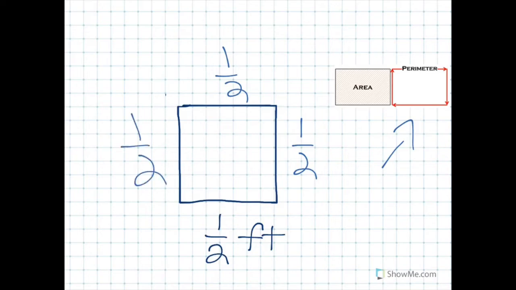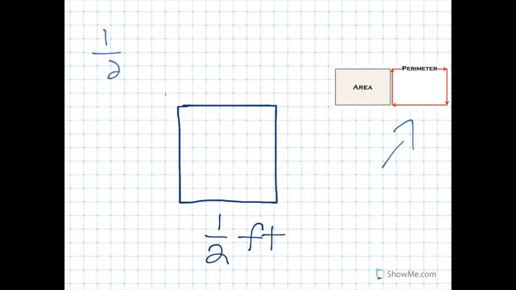So to find the distance around the whole polygon, which is our square, we have to add all of our fractions. So let me clear that. We're going to add 1/2 plus 1/2 plus 1/2 plus 1/2.